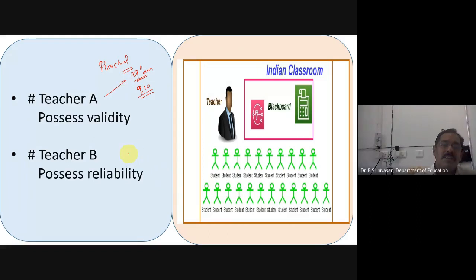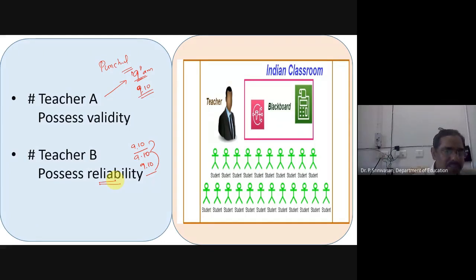So here, reliability means repeatability is there. Every time he is coming at 9:10. So repeatability is there. Today 9:10, tomorrow 9:10, day after tomorrow. Repeatability is there. Hence it is reliable but not valid. Okay, I think now you can understand the difference. So objectivity means no bias.